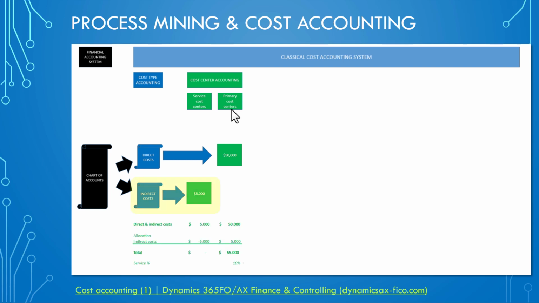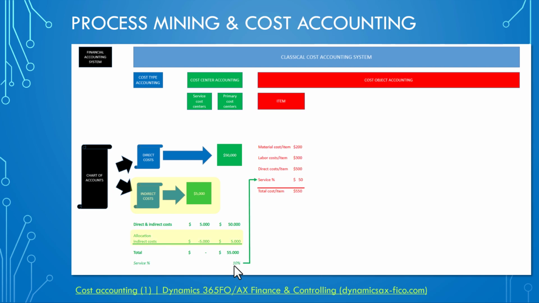But what we can do is, we can calculate percentages. So for example, I can say, my indirect costs are 5,000, my direct costs are 50,000, so I know I have to add 10% on top of my direct costs. And then I can do things like item cost calculations, where I have material costs, labor costs, and so on.